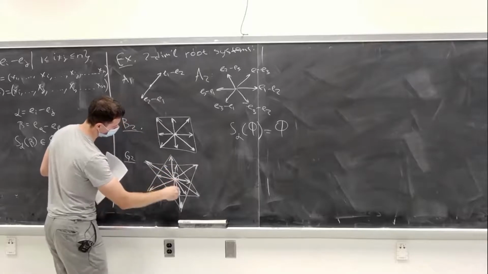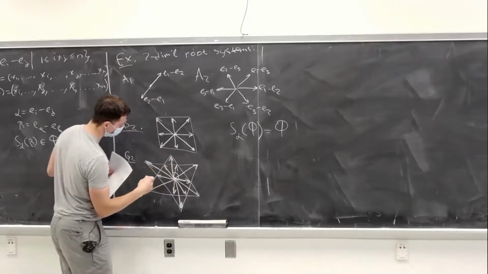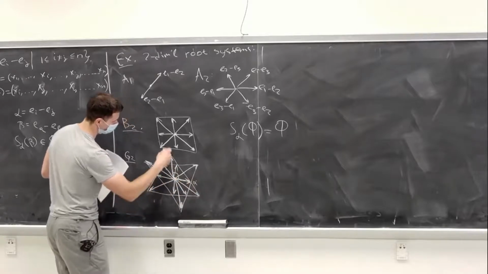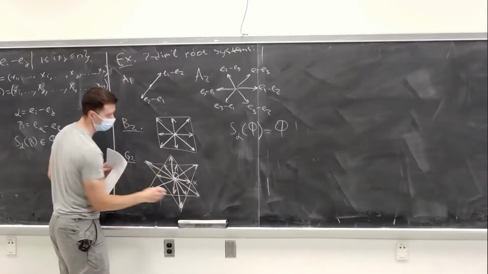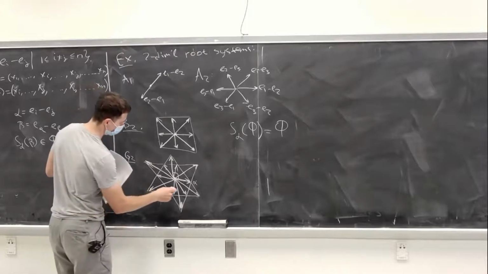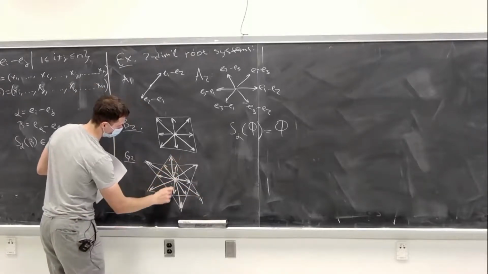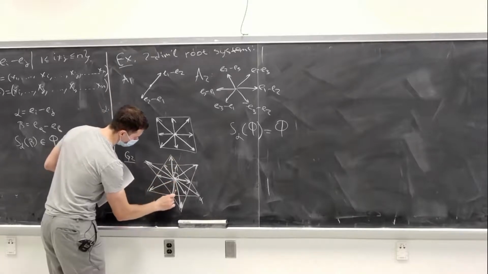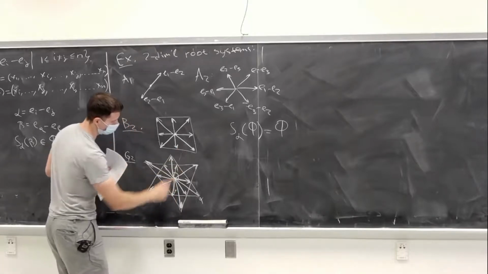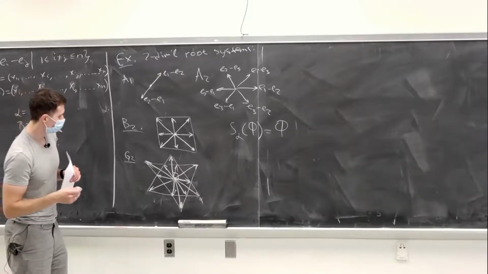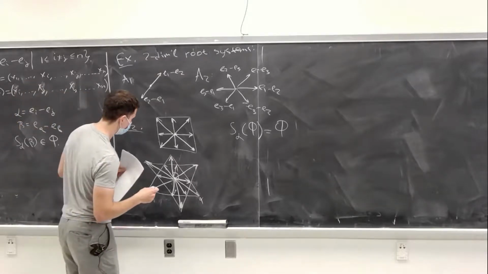If this is alpha, then S alpha reflects everything along this line, so it's preserved. If alpha is this vector, then everything is reflected along this line. Okay, I see.